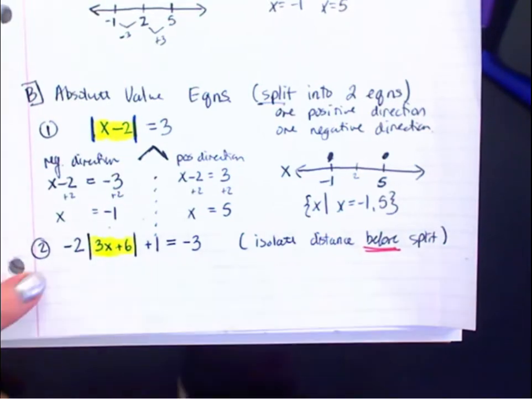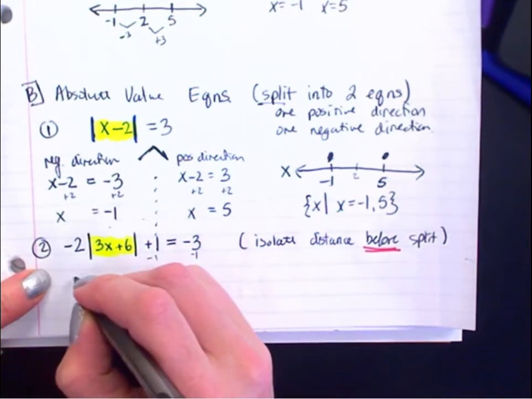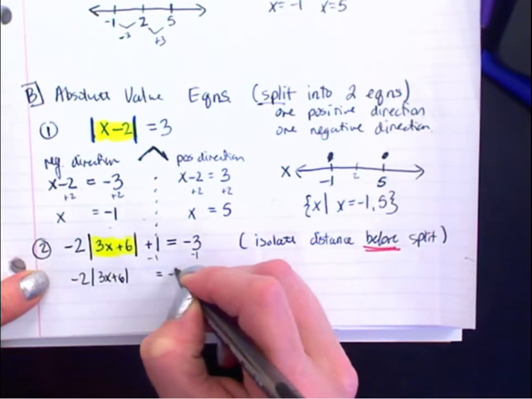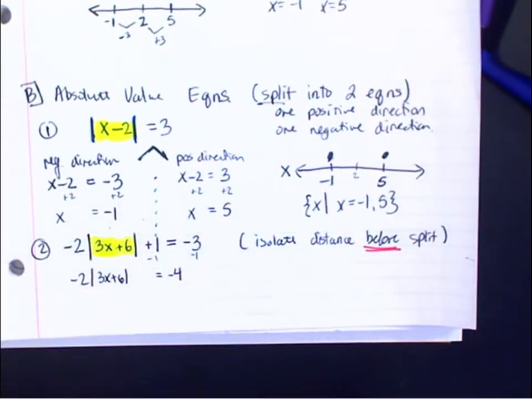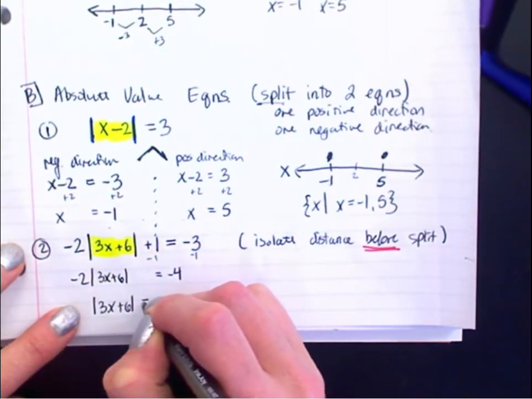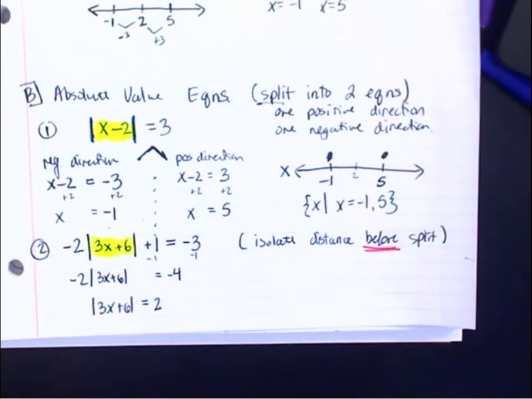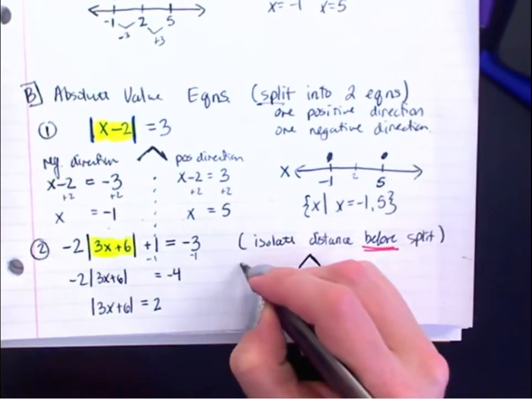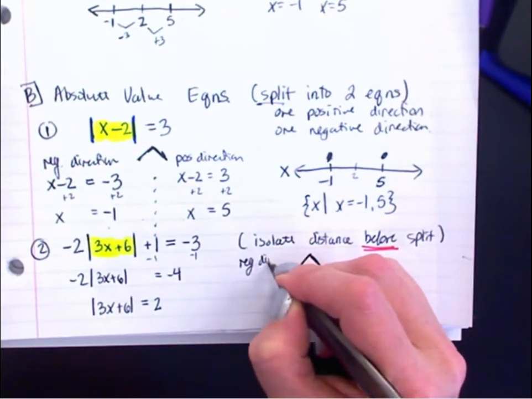I'm going to isolate my distance. So I'm going to -1. I'm going to divide by -2. And now I'm going to split it. The distance is equal to 2. Okay, so I have the negative direction.